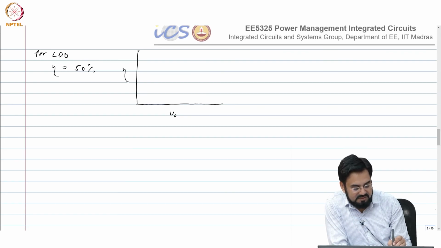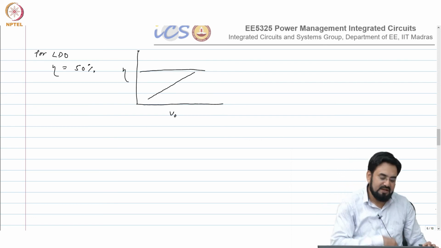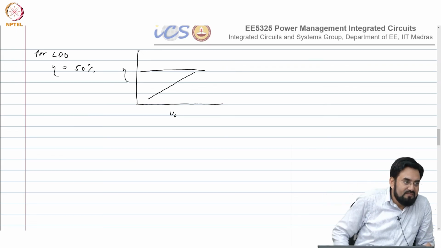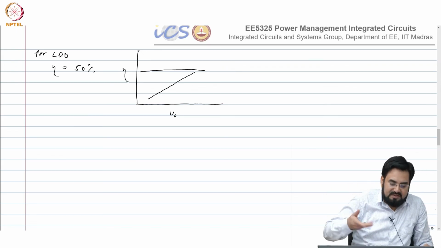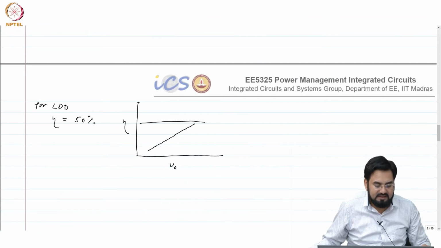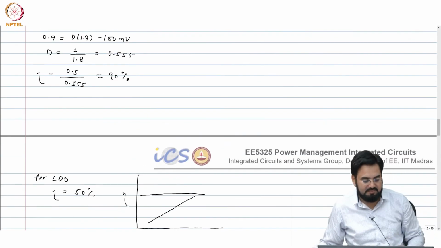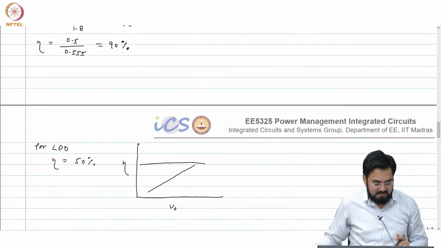LDO efficiency was increasing, but the switching regulator was keeping it very high. So that's why you get almost flat efficiency. I mean, you will see some differences because your output power is changing, okay, but losses are not changing. So there will be some differences in the power number.